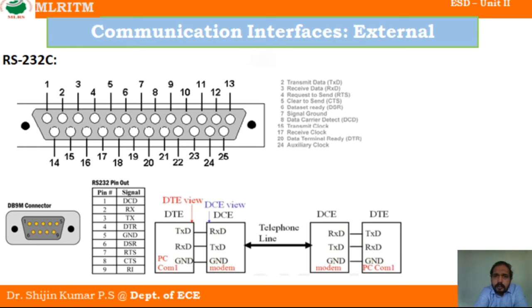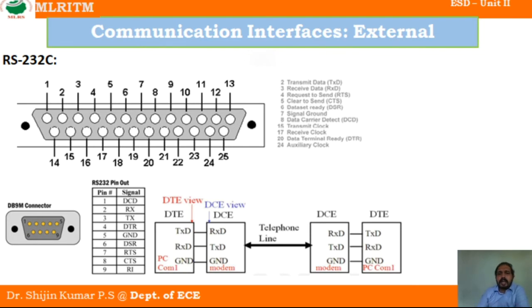Then ground, then DSR, then RTS signal, request to send, then CTS signal, clear to send. So these are the signals that are present.